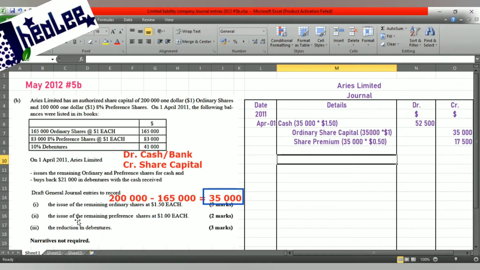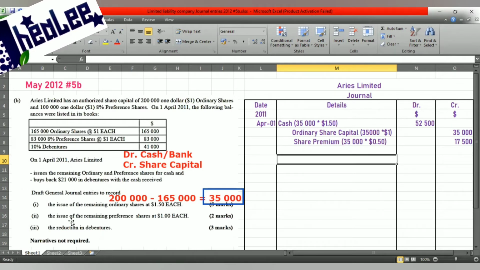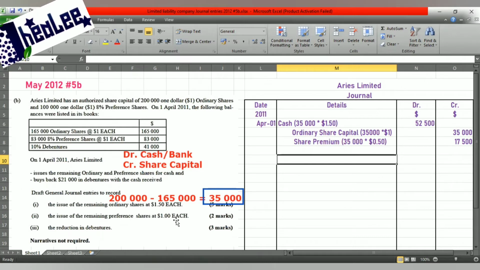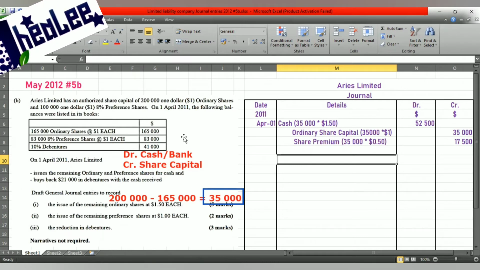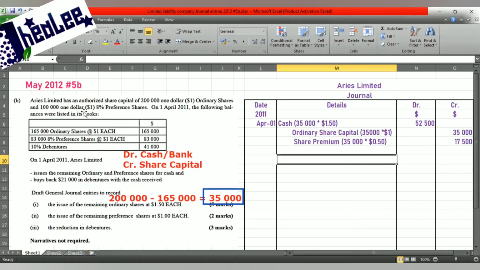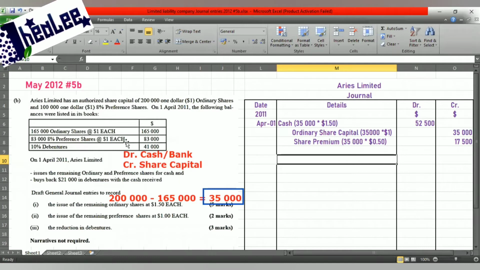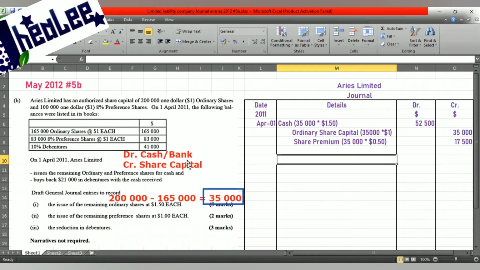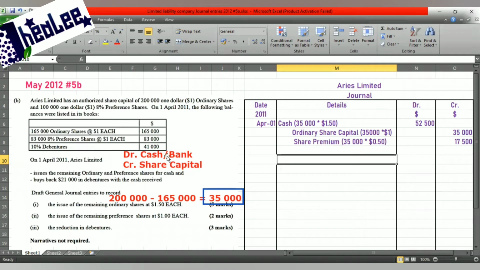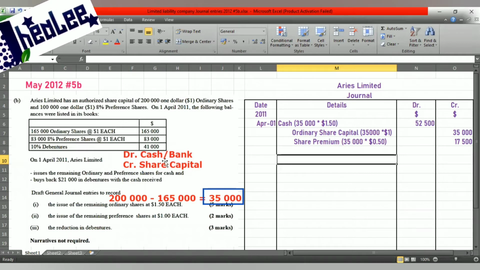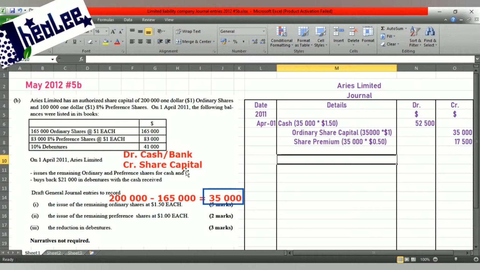We're now going to move into the other set of information, which will be part two of the question, and that is the issue of remaining preference shares at $1 each. The nominal value for the preference is $1, so therefore there is no share premium. The same double entry rule applies for the issue of preference shares, so therefore we're going to debit cash or bank with what we have received and credit the share capital, but in this case, you're going to indicate that it is preference shares.